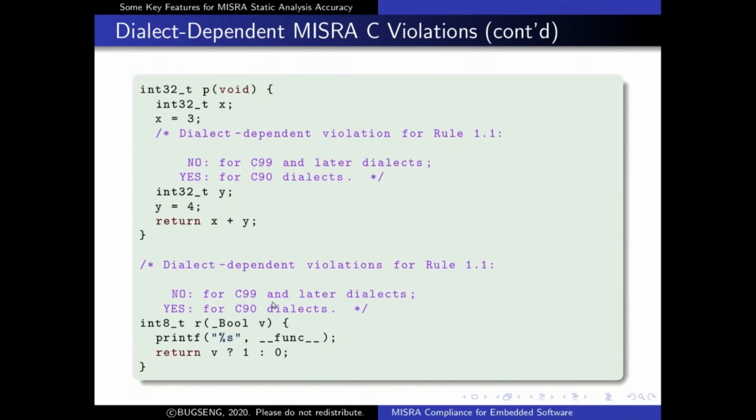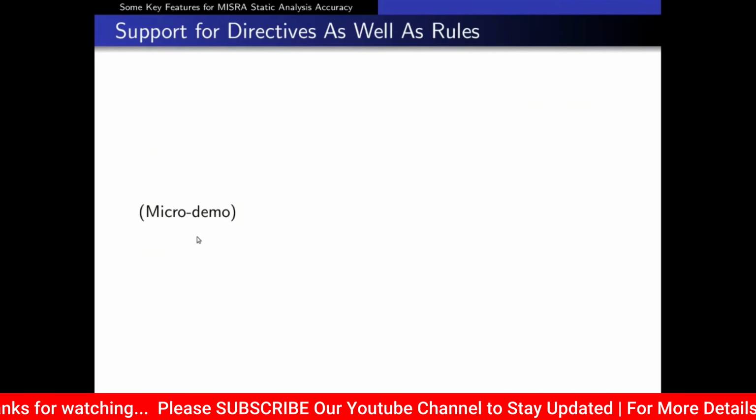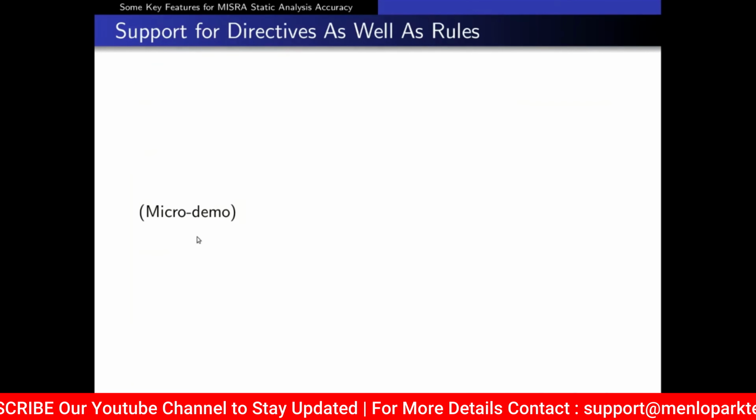And this is similar here, so still rule 1.1, C99 is okay. In C99 we have the bool type, and also we have underscore underscore func underscore underscore, whereas in C90 this is not standardized, so if bool is offered by the compiler, it is an extension, and same for func. Okay.